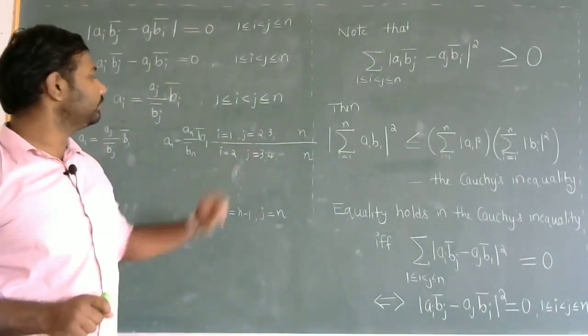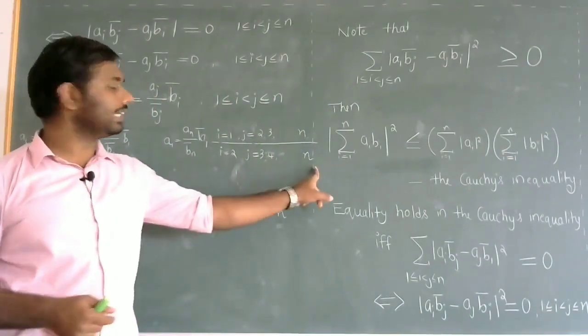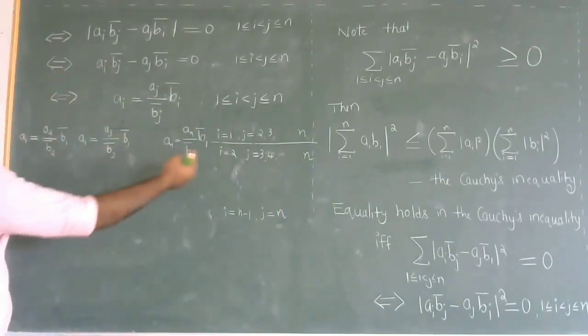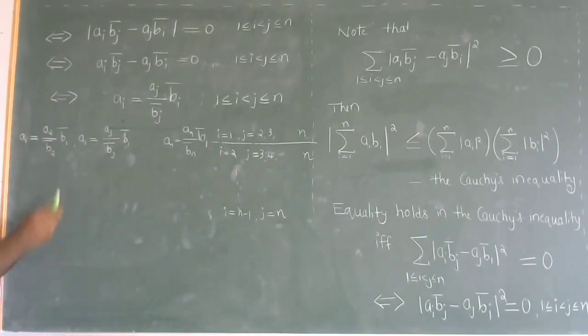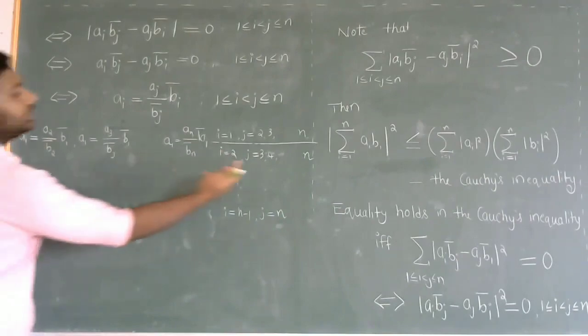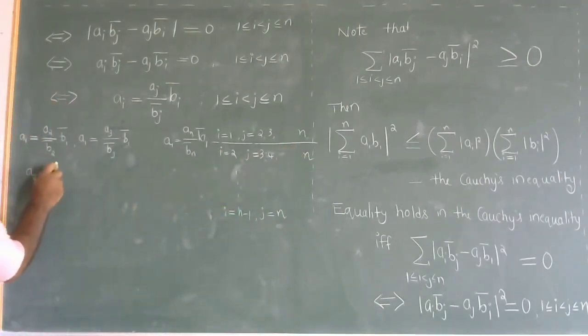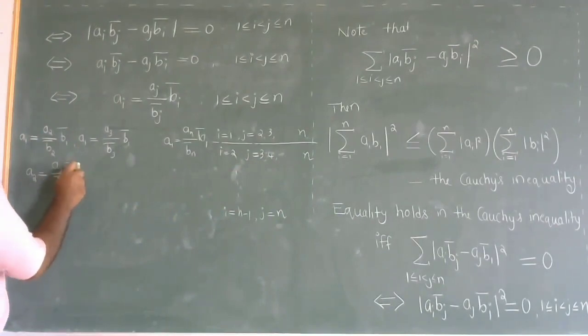I'll do the same thing for the second set of numbers. Here I have to fix i equal to 2. So i is equal to 2, a2, and j starts from 3. So a2 is equal to a3 by b3 bar into b2 bar.